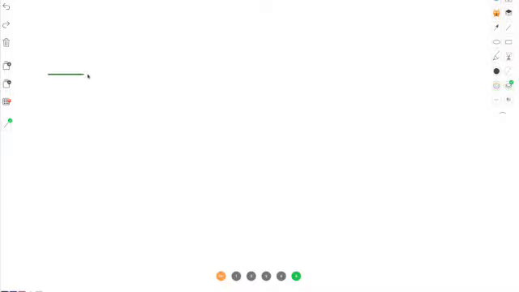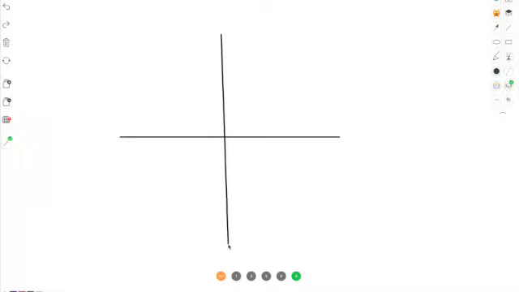So according to this, okay, wait, let me undo that. Let's use black. Okay, so this is our line, another line, and this is our x-axis.